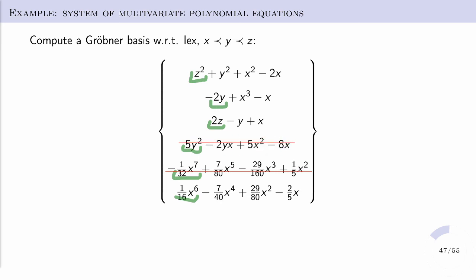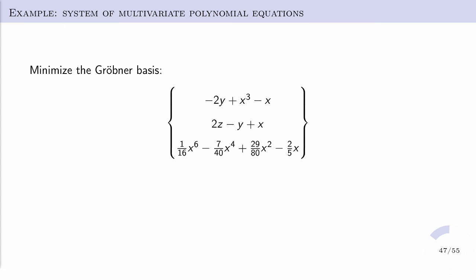We can remove it. And here we have the leading monomial z, and here we have leading monomial z squared. So this leading monomial divides this leading monomial. So again, this polynomial can be removed from the system. So all in all, we arrive at the following minimal Grobner basis.